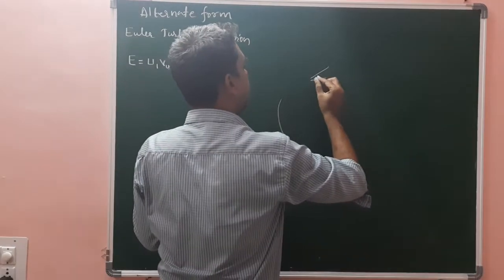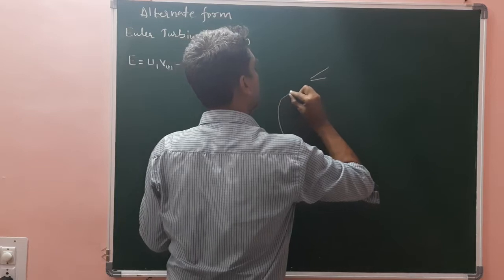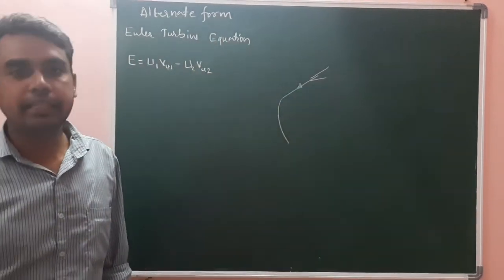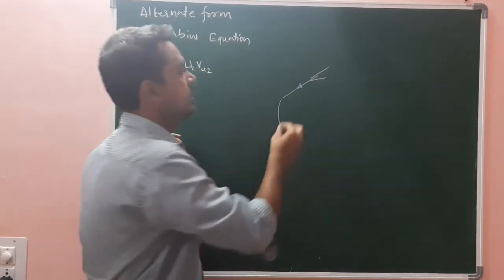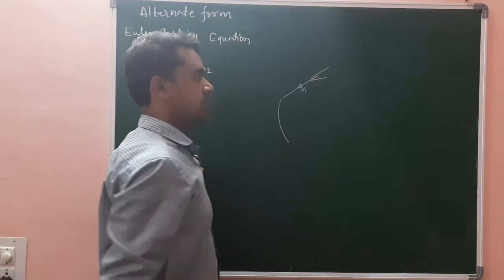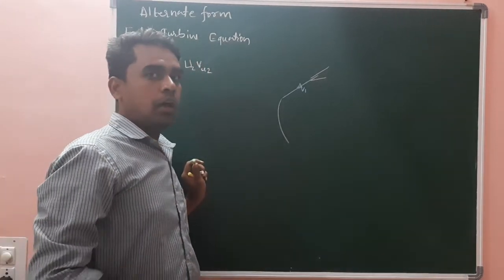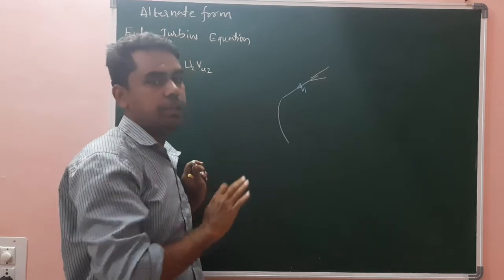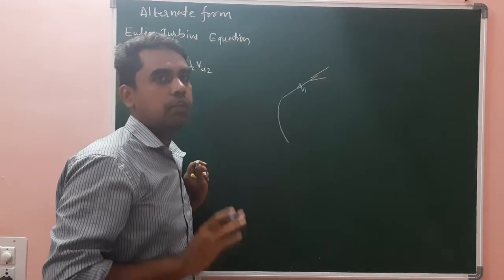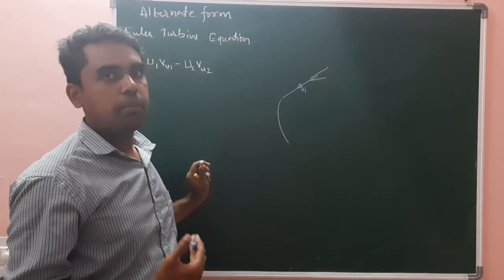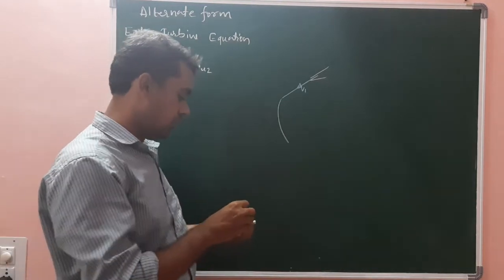The direction at which fluid enters the rotor blade is the absolute velocity V1. Absolute velocity is given by capital V, and at the inlet it is V1. It is nothing but the velocity of the fluid before entering the rotor.